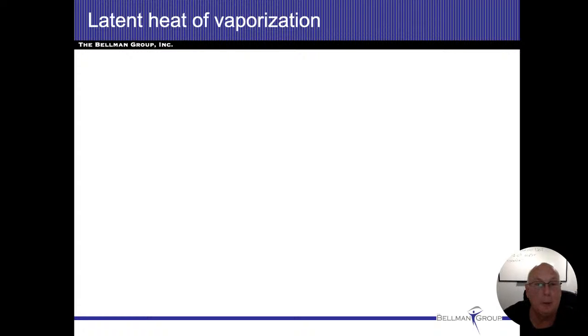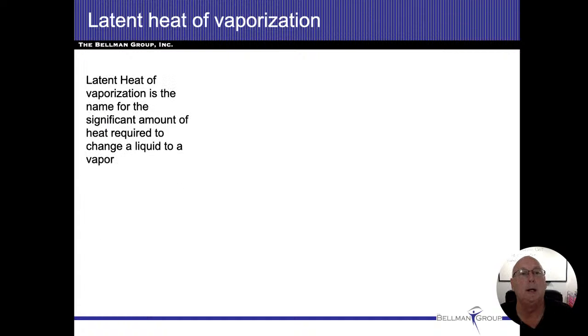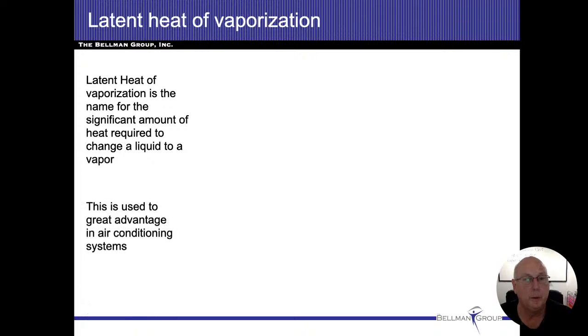A key phrase I want you to be aware of, if you don't know, please write it down. It's called the latent heat of vaporization. We actually talked about it already. Latent heat is the process of absorbing or discharging significant amounts of heat when I'm changing state.